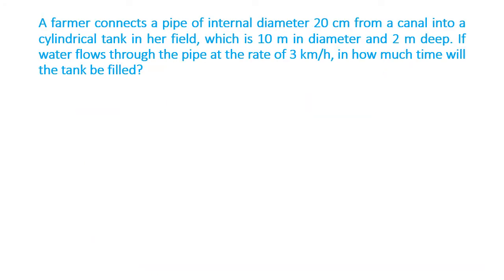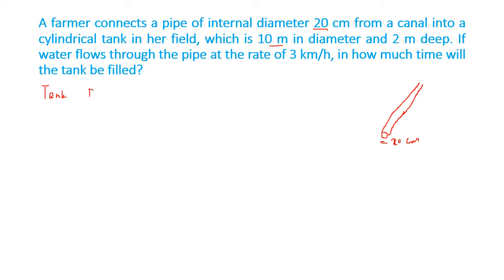Okay, in this sum a farmer connects a pipe of internal diameter 20 centimeter into a cylindrical tank that is 10 meter in diameter. First we'll write about the tank.